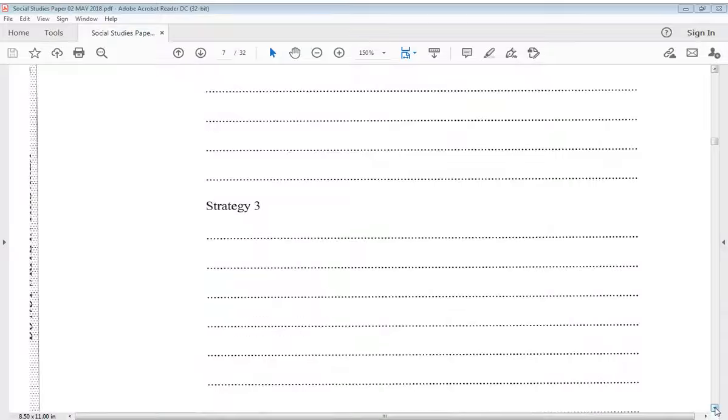Strategy number three is that the Child Protection Agency could arrange or provide shelters for victims of child abuse. What do we mean by this?